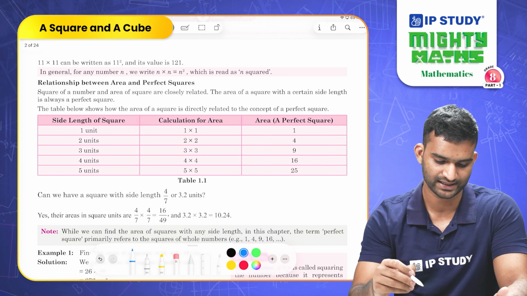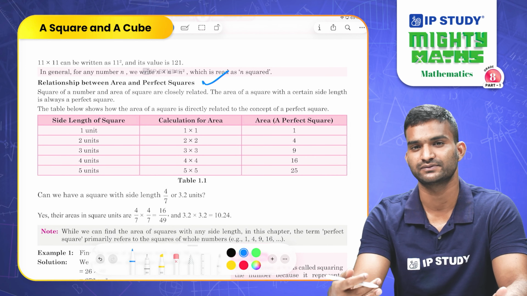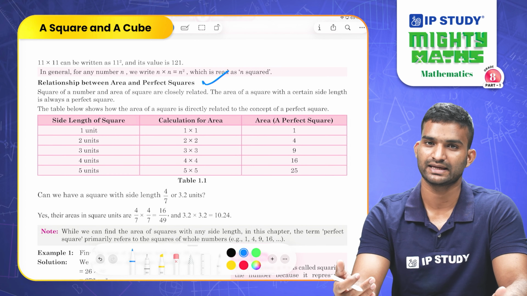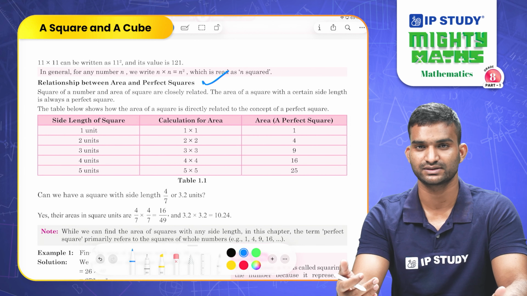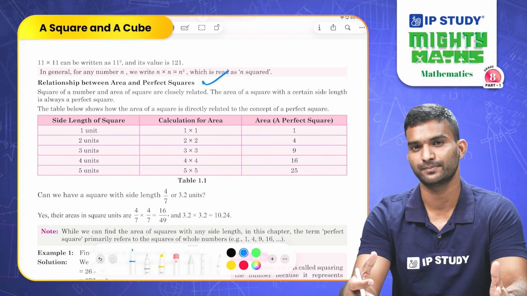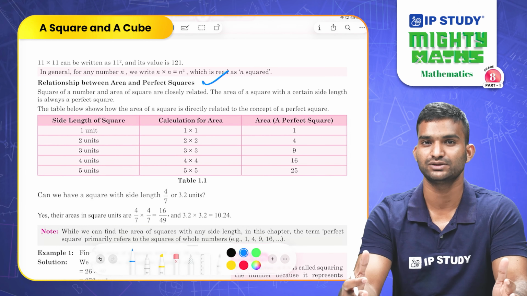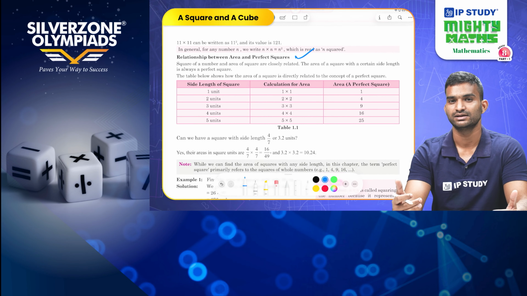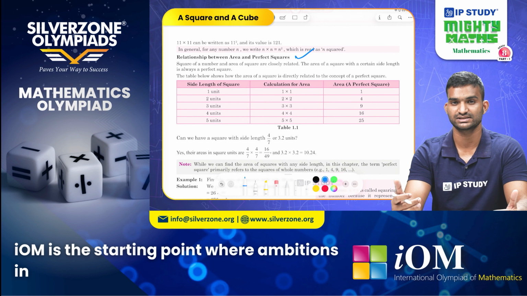Now moving to the next topic, we have the relationship between area and perfect squares. So students, the area of a square and perfect squares are closely related. Whenever we talk about the area of a square, we simply use the formula: side into side, which is side square.